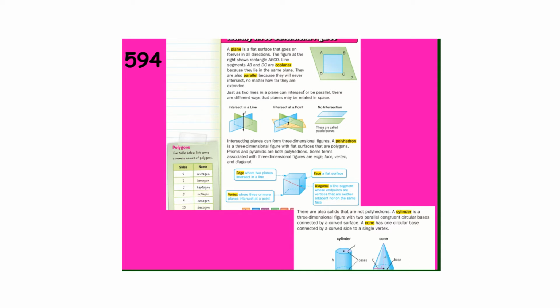Just as 2 lines in a plane can intersect or be parallel, there are different ways that planes can be related in space. So here's the blue and the green, 2 planes. And if they intersect, they form a line. And they're showing you that black line right here.